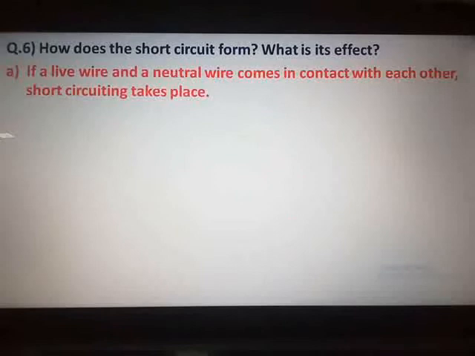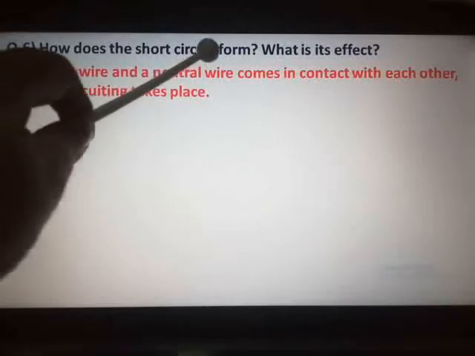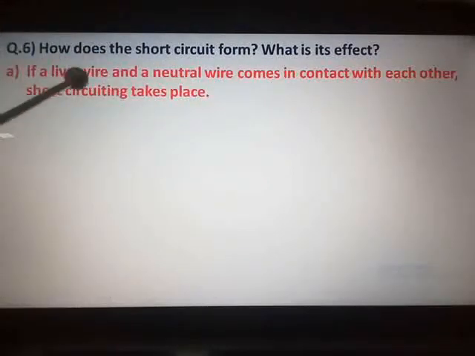So you know that if a live wire and a neutral wire come in contact with each other, then short circuit takes place. This should be your first point. See, it is given on page number 49, last paragraph. Count to the 10th line and just read the line.